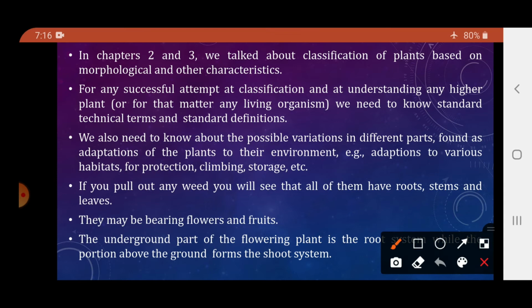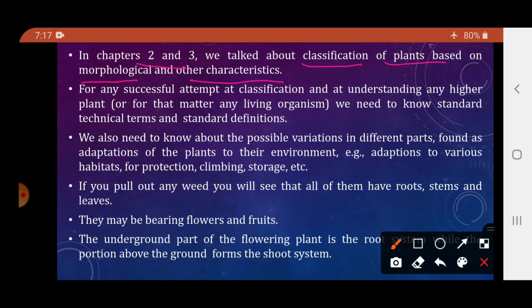Now students, in chapters 2 and 3, we have dealt with the classification of plants, which was based on the morphological and other characteristics. We know that the plants were classified mainly on the basis of the morphological characteristics and some other characteristics.